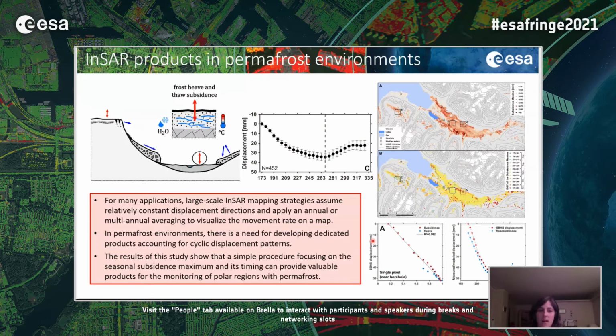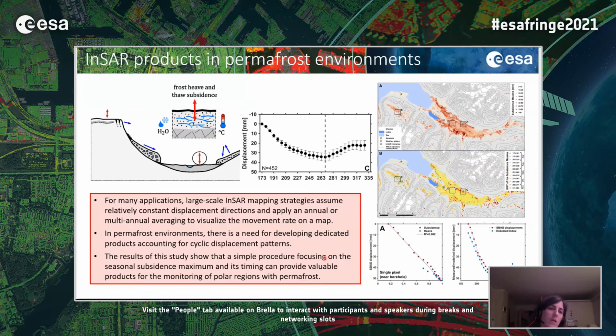But of course, that doesn't work in permafrost environments because of these cyclic patterns. We need to develop dedicated products that can be useful for end users who want to study permafrost evolution.